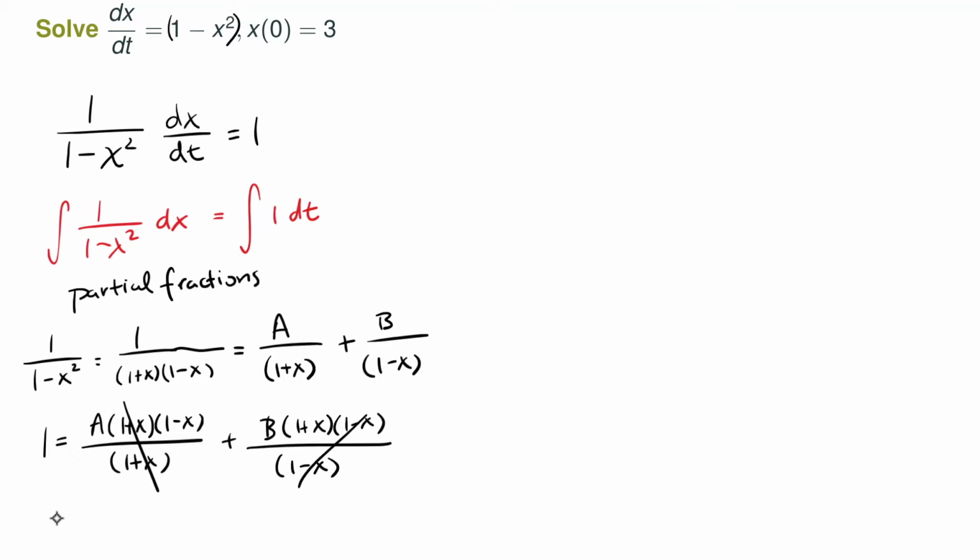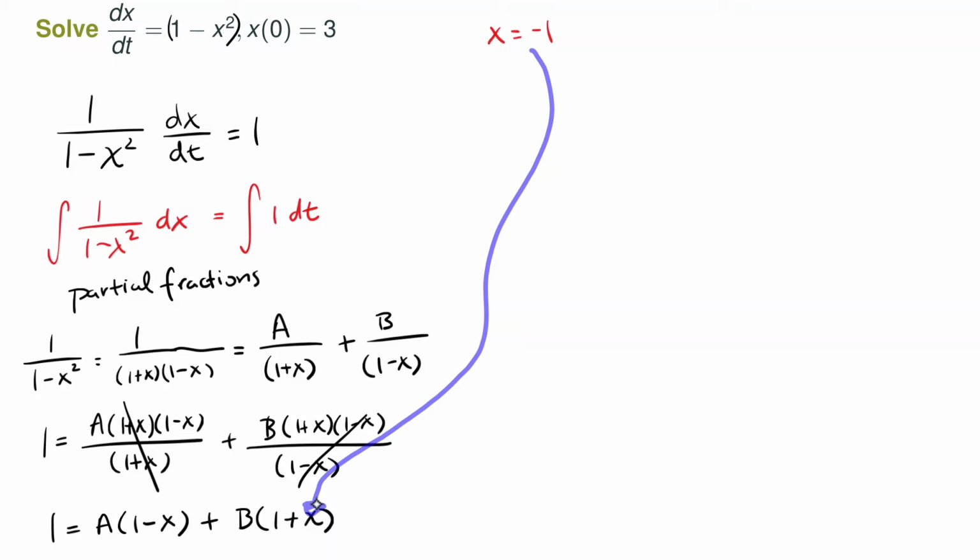So that cancels, and we're looking at this equation. Now we want to find the values of a and b, and to do so, we could carefully choose x values that eliminate the other variable. For instance, when x is equal to negative 1, 1 plus negative 1 is 0, this term goes away, and we just have 1 equals a times 1 minus negative 1 plus 0, so 1 equals 2a.